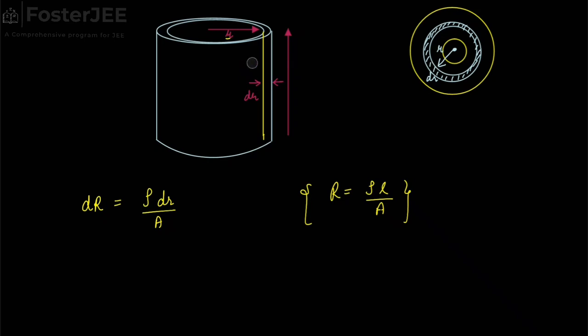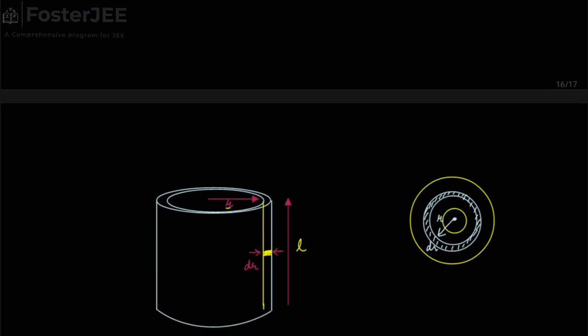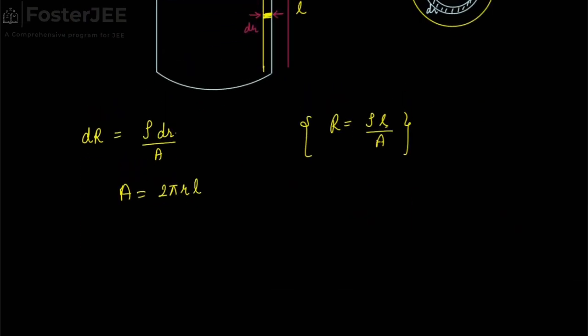So what will be the length of flow? That is dr only. So we put dr in place of L, and A is the area of cross section. This is given by the curved surface area of the cylinder, which is 2 pi r L, where L is as given in the question. So it becomes 2 pi r L.